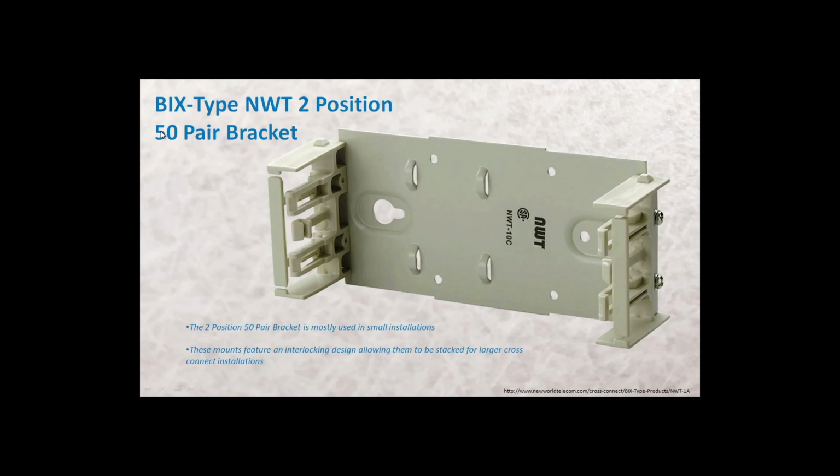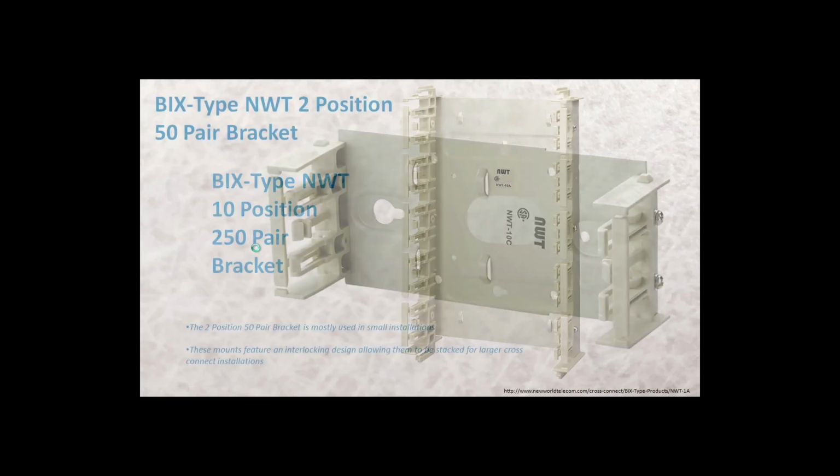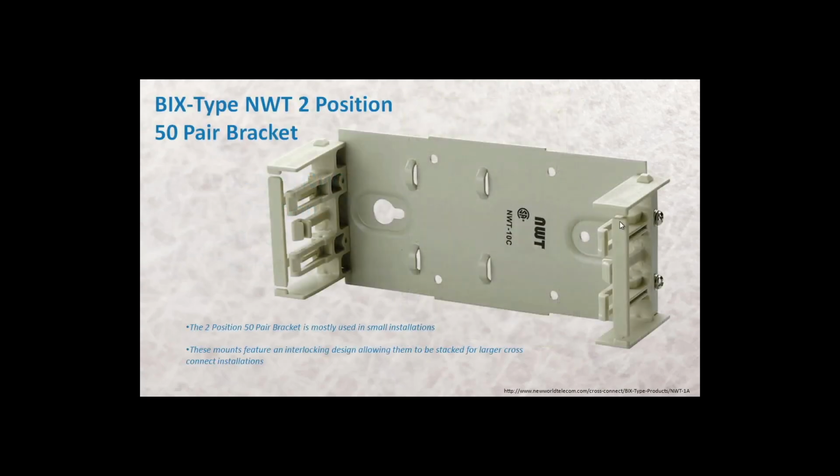Now, mounts, BIX type 2 position. This is a 50 pair bracket or mount, or sometimes they're also called frames. Okay. Now this one here is a 10 position or 250 pair. Remember, one of those holds 1 connector, and 1 connector holds 25 pairs.